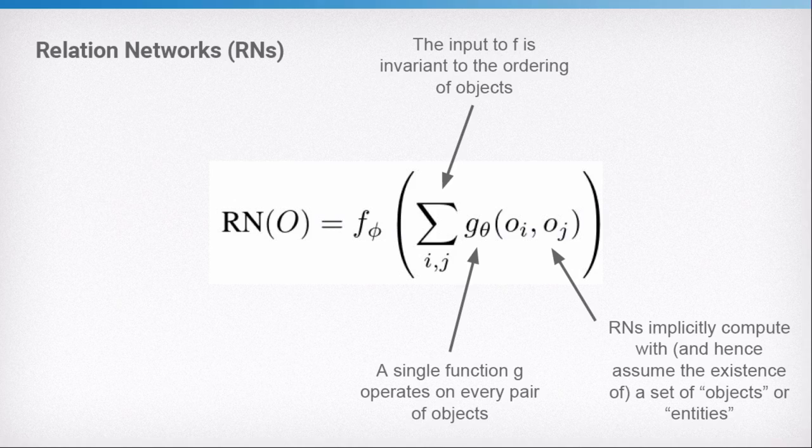So we have weight sharing across object pairs. Importantly, this means that the weight sharing is not contingent on the particular features of the object, such as where they are located spatially. We then sum all the outputs from this function g and feed that as input to another function f, which again is another small MLP. So the total output of the RN contains information about object pairs, and it is also permutation invariant to the ordering of objects in the object set.